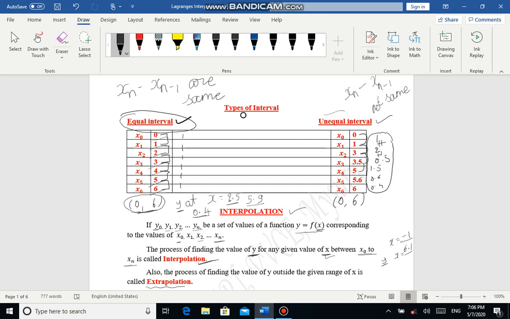That is, the process of finding y outside the given range of x is called extrapolation. Is it clear? Interpolation means finding the value of y for a given value of x where x lies between the interval. Extrapolation means where x lies outside the interval.